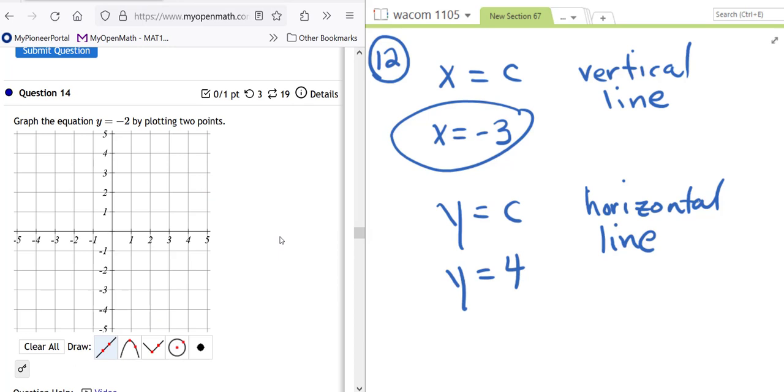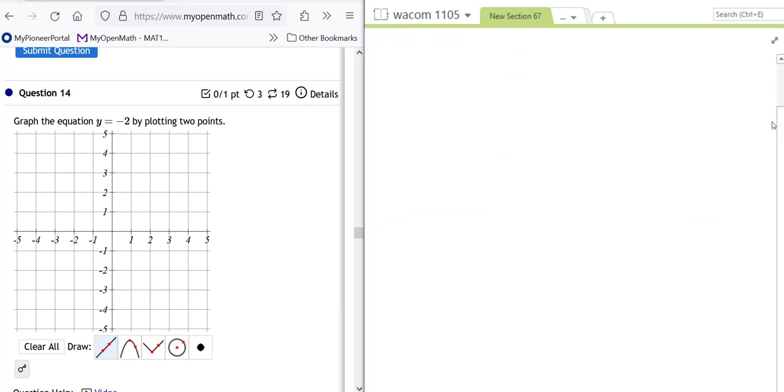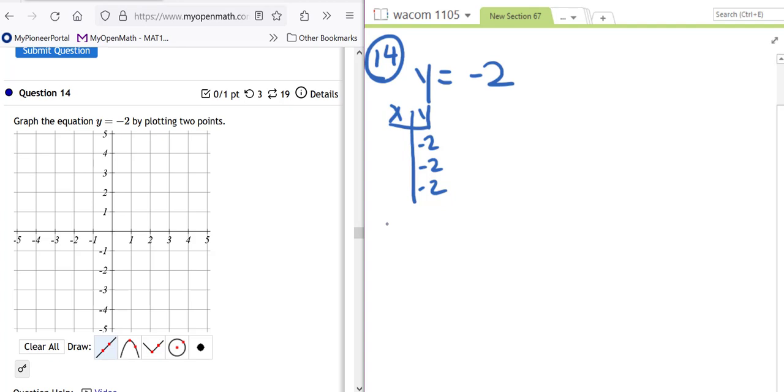All right, and we did one of these earlier. It's kind of skipping around all over the place. It is a special line, and so I would do it by a little table. Your y is negative 2 on all your points. Any x you want. So 0, 1, 2.